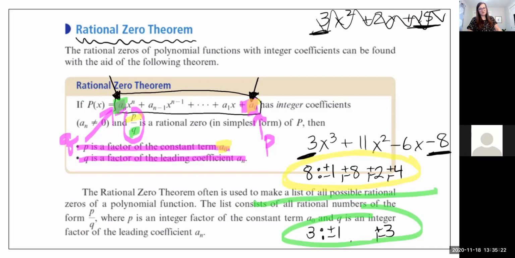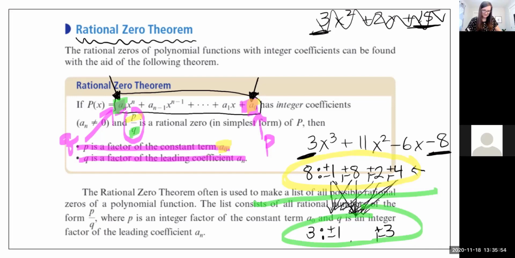So they might ask you at one point, write out all the possible rational zeros that you could have for this polynomial. And you're basically looking at all the possible combinations of these. So you could have 1, you could have any of these, as well as 1 over 1, which, you know, any of these over 1 is going to be just those.